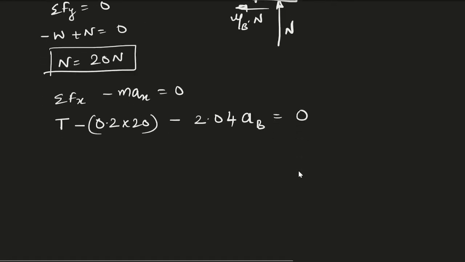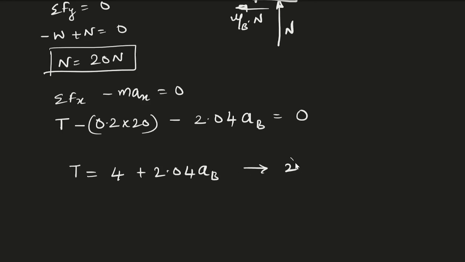Again we are going to keep this in the form of T. All these are minus, so I'm going to take them to the other side. So T will be equal to 0.2 into 20, which is 4, plus 2.04 AB. So this is your second equation.